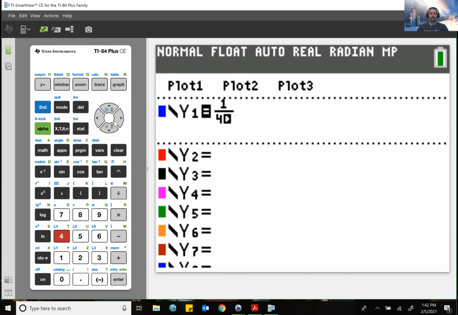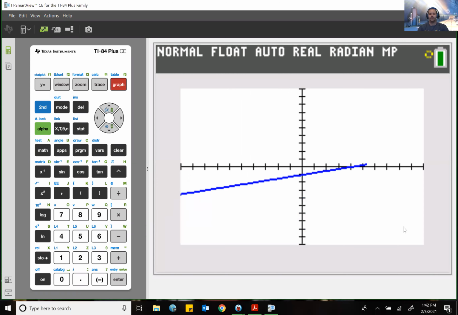So our equation was 1/4 x minus 1. So if I go to graph, there I can see the y-intercept of -1, or 0, -1. And over here, I can see the x-intercept of 4, 0.